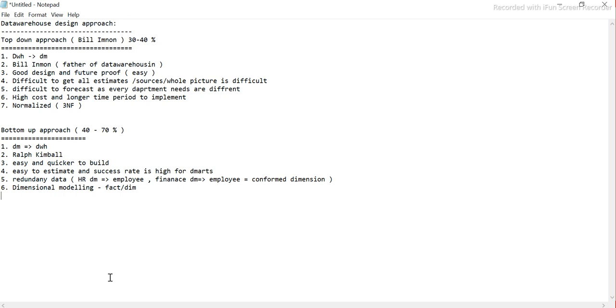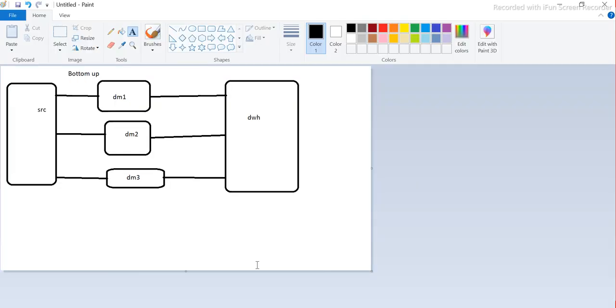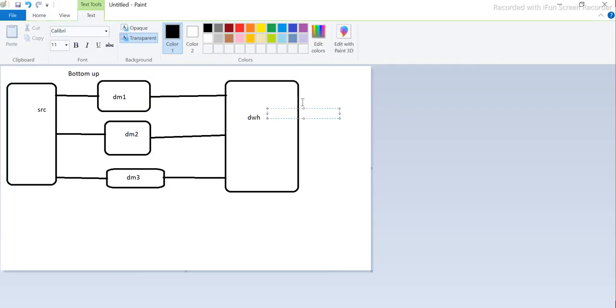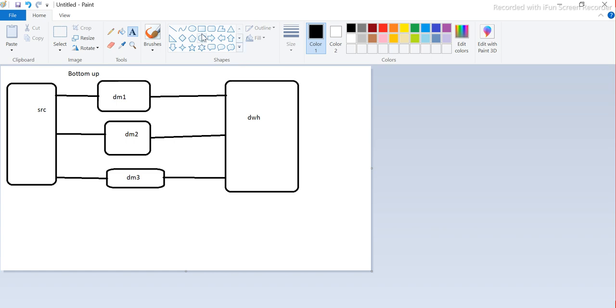Now, if I show you here, normally there is the data warehouse, and after that there are the reporting systems, right? So there will be reporting systems here, for example one here and one here. These are different kinds of reports, and reports are fetched from the data warehouse.